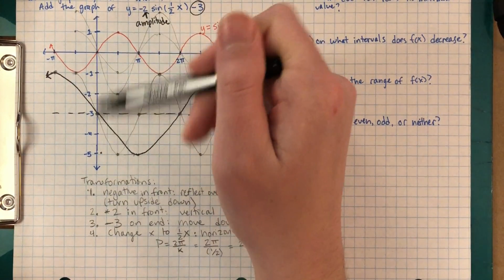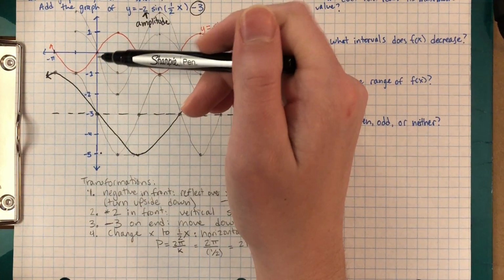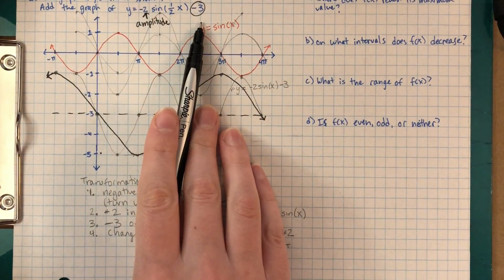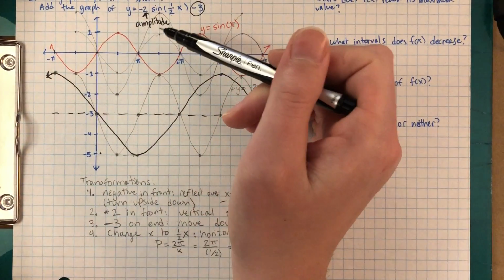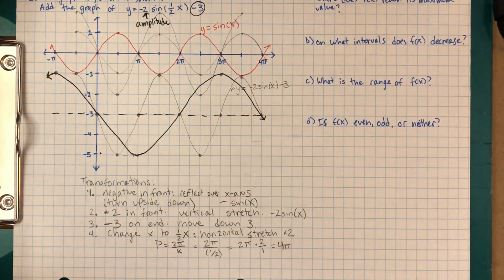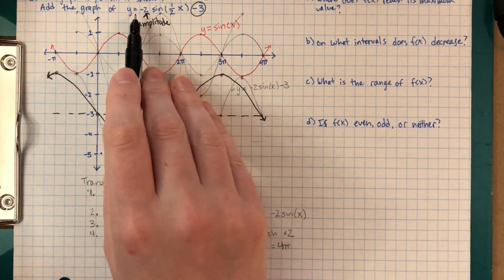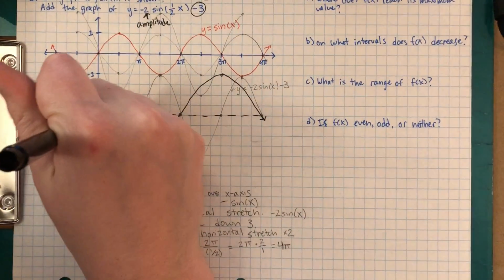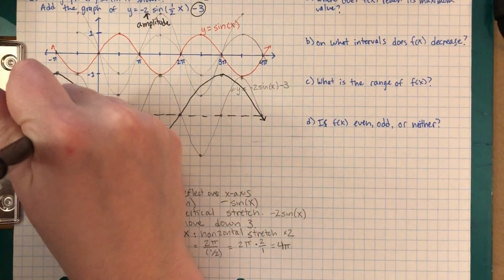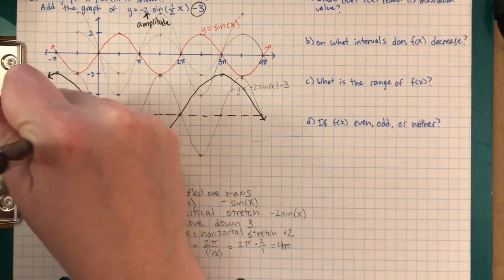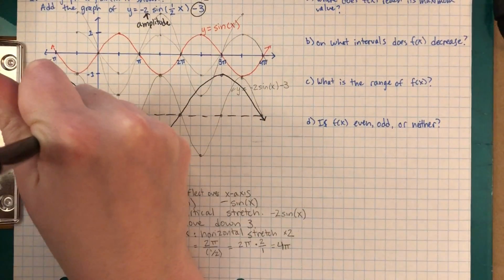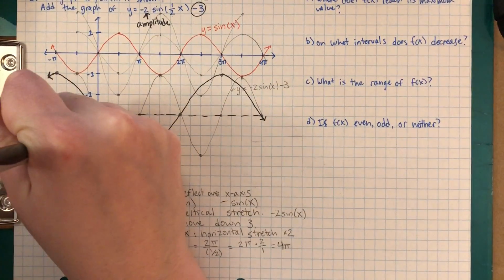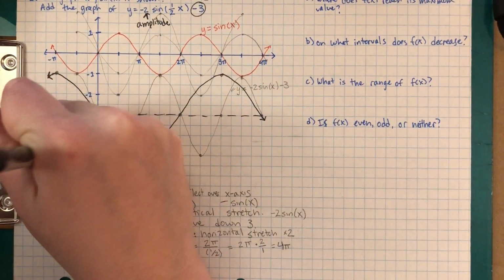That's the range of our function, and we got that from starting at the midline and going up and down by 2. And then the fact that it's a negative sine tells us that we start at midline going down.